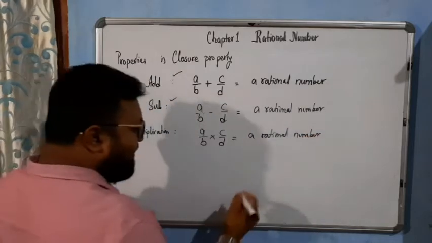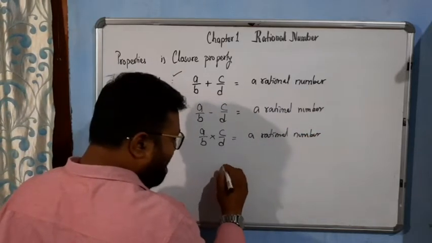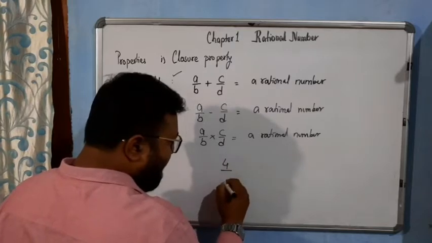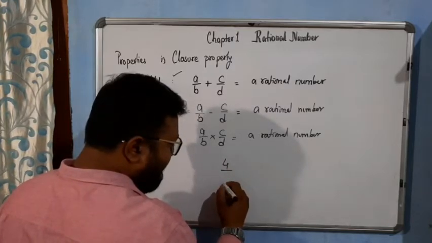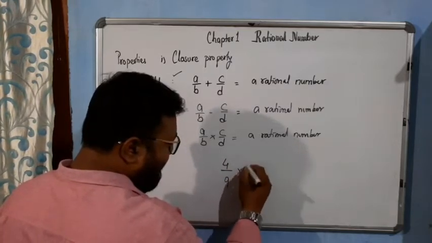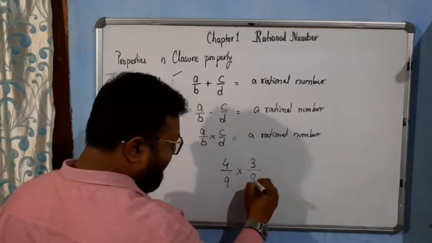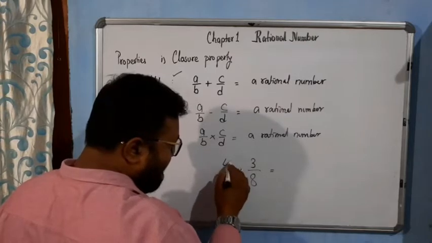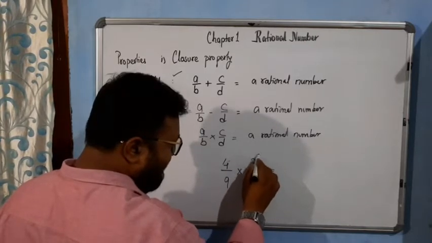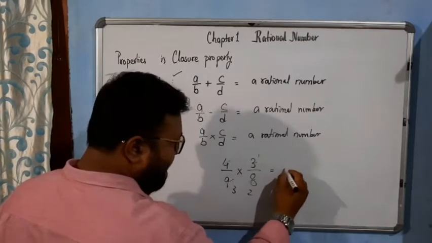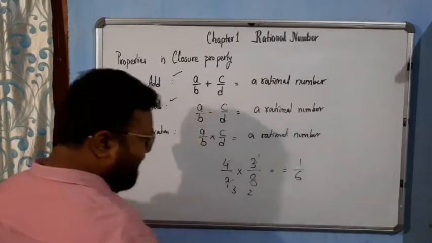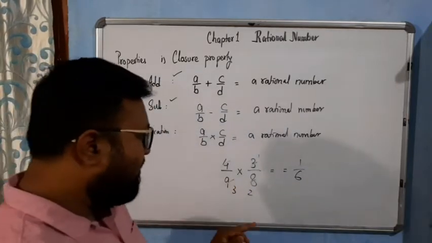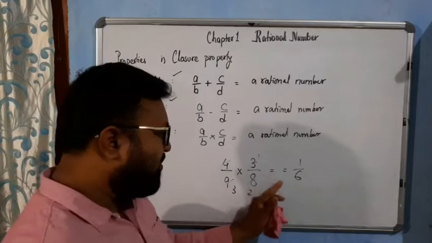Let's take an example. 4 by 9 into, suppose, 3 by 8. 4 twos are 8, 3 threes are 9. Ultimately we are getting 1 by 6. So multiplication of two rational numbers also gives you a rational number.